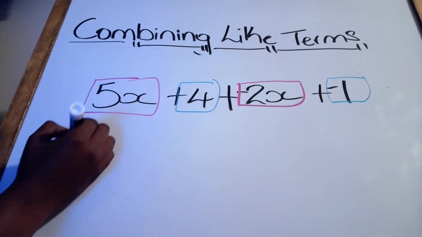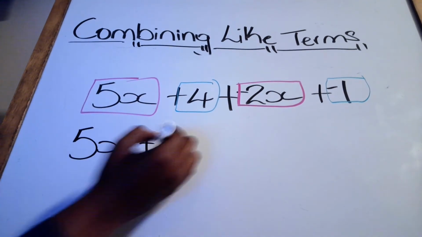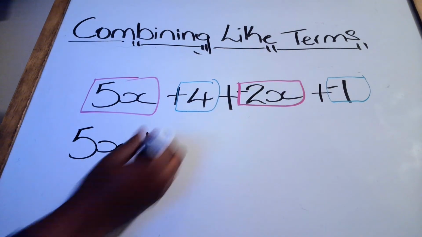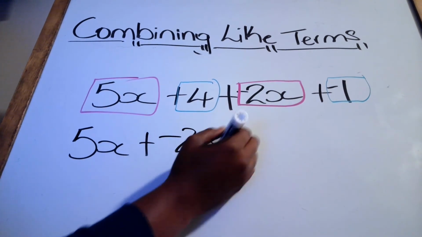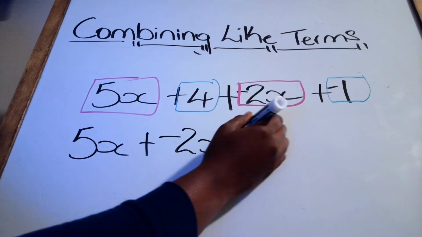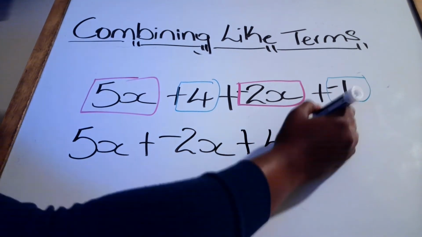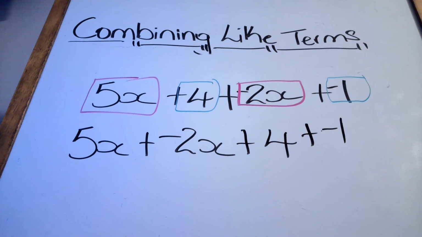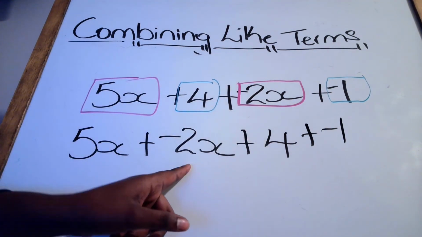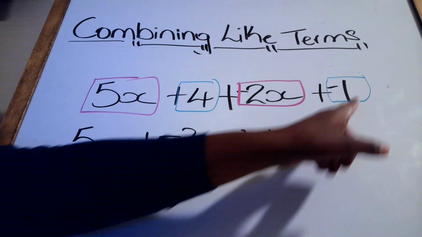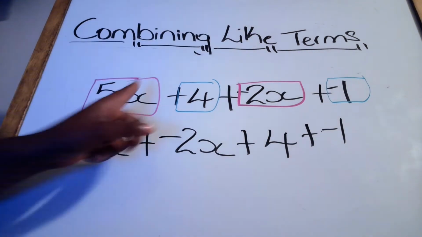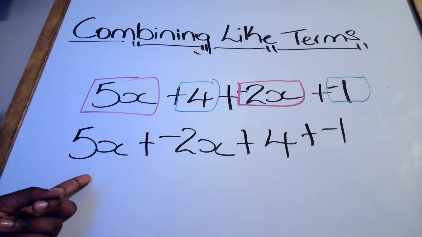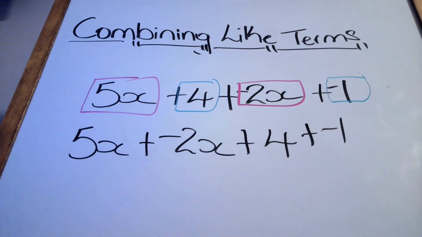So I have 5x plus, like term would be negative 2x, plus 4 plus negative 1. Notice we have a negative 2 here, it remains a negative 2. We have a negative 1, it remains a negative 1. We have a positive 5, it remains a positive 5. Positive 4, it remains a positive 4. Do not change the signs, alright, when you're grouping.